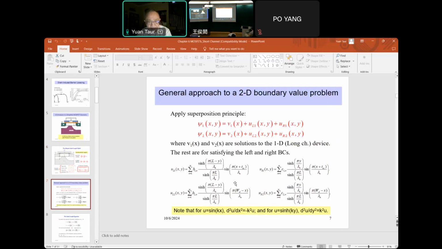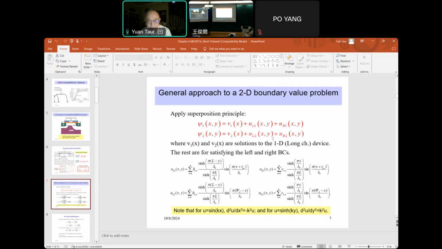Furthermore, we require that, first of all, the top and the bottom boundary conditions are already satisfied by V1 and V2. So when you add UL1, UR1, UL2, UR2, those should not change the top and the bottom.